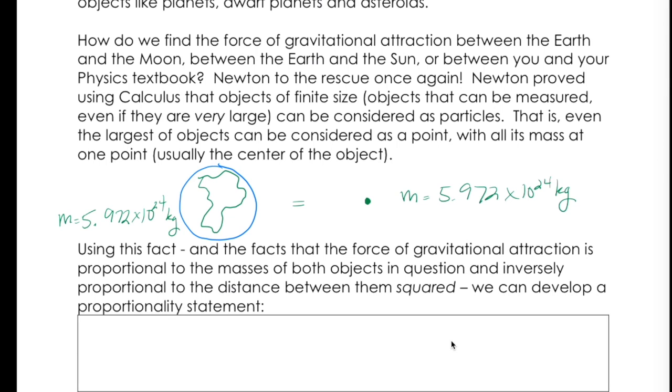Using this fact, we can find the gravitational pull between two objects.